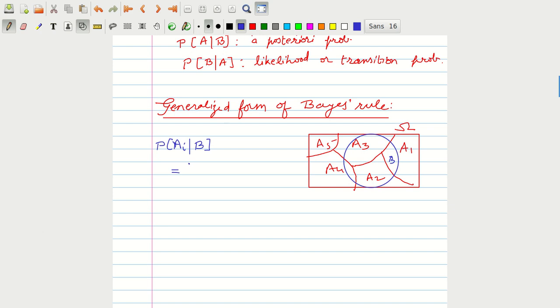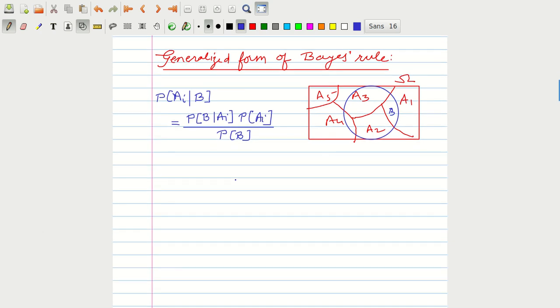As per Bayes' rule, as we just saw, it will be written as probability of B given Ai into probability of Ai upon probability of B. Now, how to compute the probability of B?